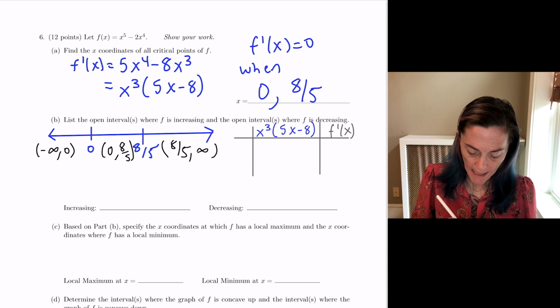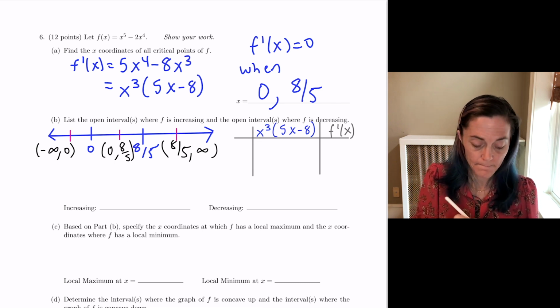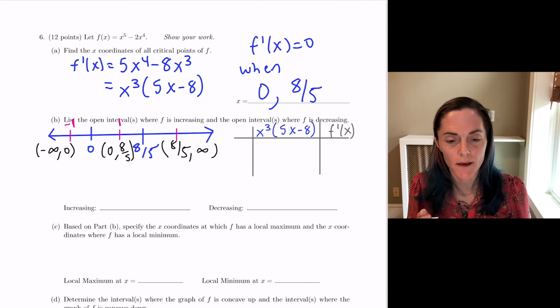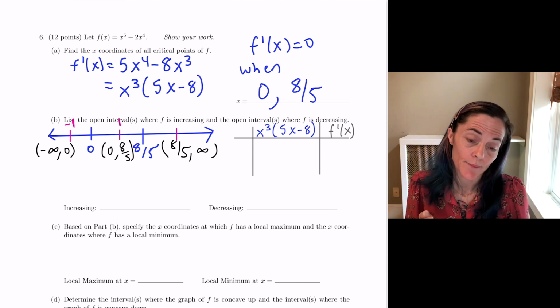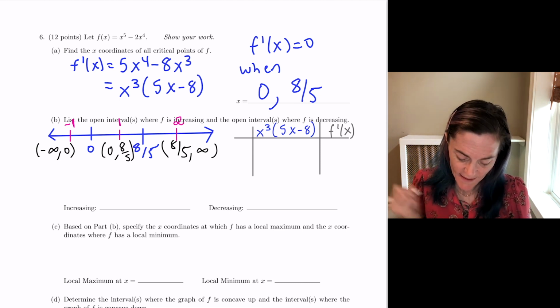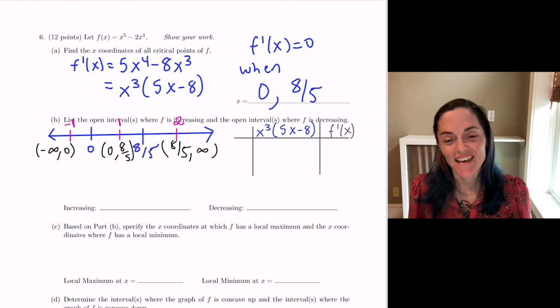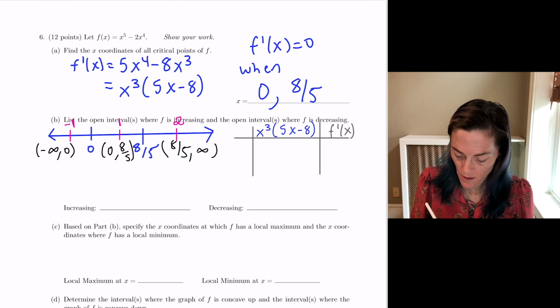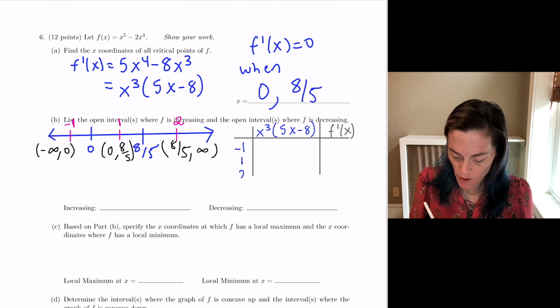Now, we can pick anything. Say minus 1. We could pick 1, which is between 0 and 8/5. And then I could pick 2, which is bigger than 8/5. So we will test minus 1, 1, and 2.